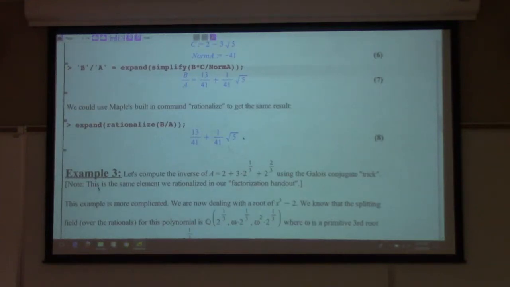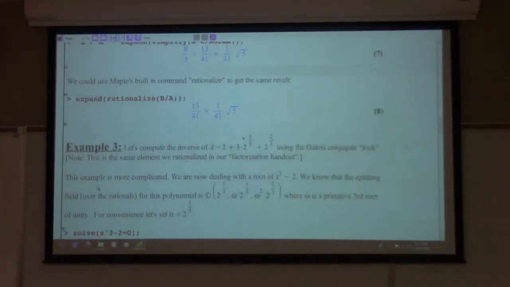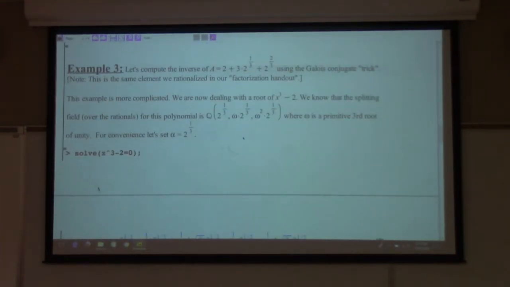Now here's where it gets fun. Let's compute the inverse of 2 plus 3 times the cube root of 2 plus the cube root of 2 squared. You recognize this as being an element of Q adjoin the cube root of 2.